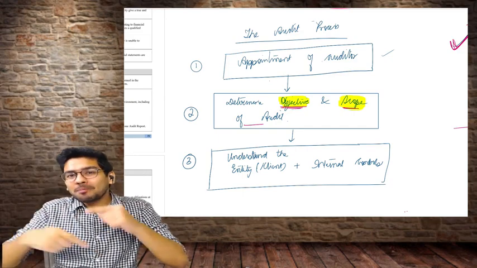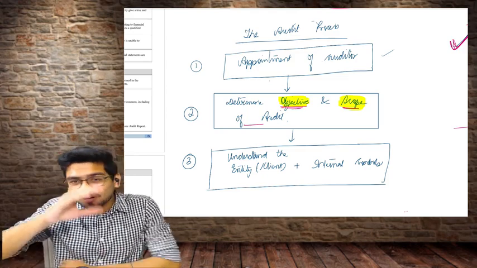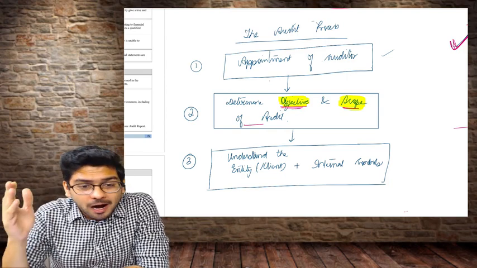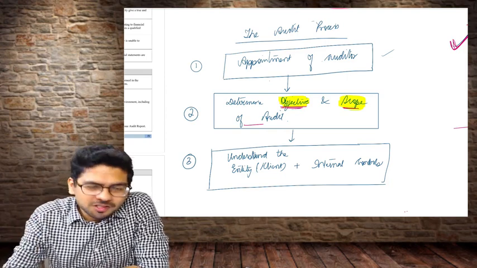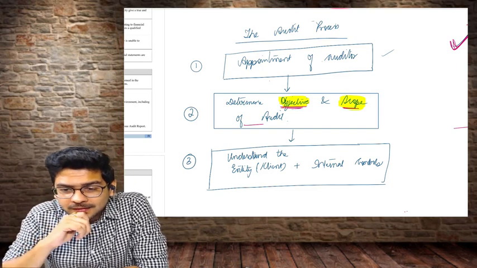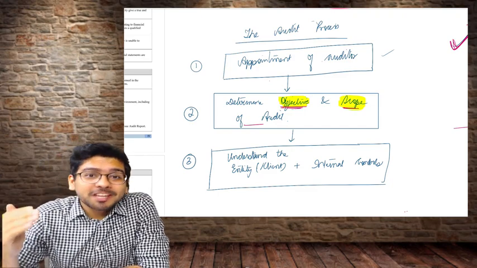So at the back of my mind, when I know their internal controls are good, what is the thing that is going to come in my head next? If the internal controls are good, the risk of material misstatement would be less. ROMM is a chance only.